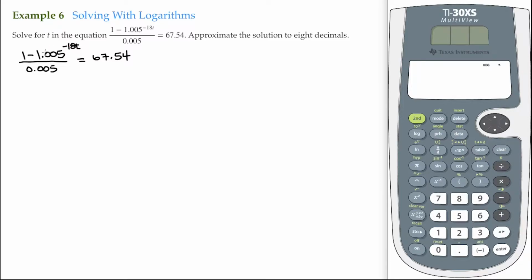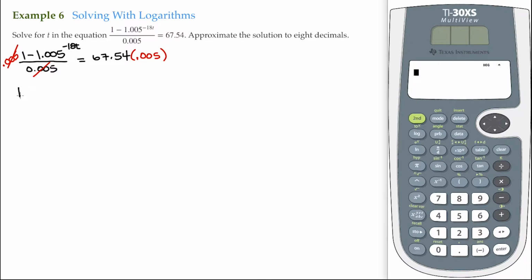So the first thing I'm going to do is multiply this by 0.005. And of course, what you do to one side, you have to do the same over here. So I'm going to multiply this side by 0.005. Then the 0.005 here cancels, and this one cancels. That's the whole idea.